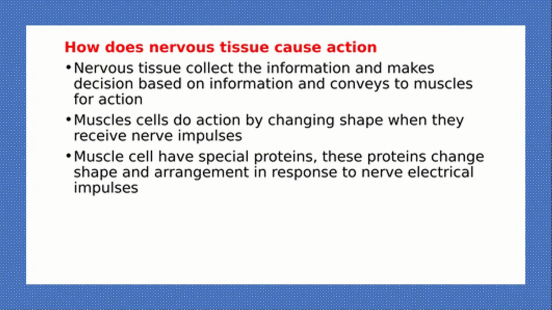Muscle cells have special proteins, and these proteins change shape and arrangement in response to the nerve's electrical impulses. If we want to move, if we want to clap, or do some physical activity consciously, our nervous tissue will send information to the muscle tissue so that it has to work accordingly.